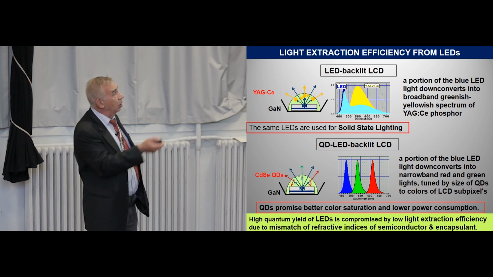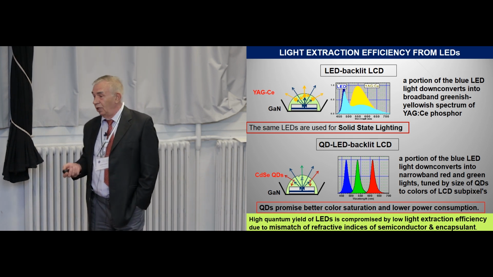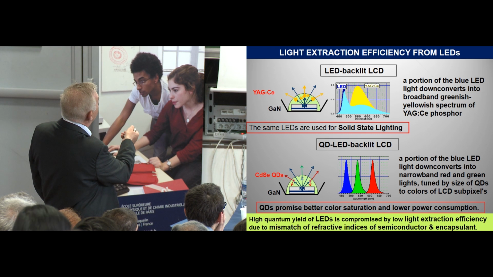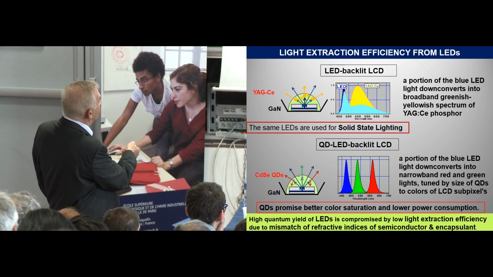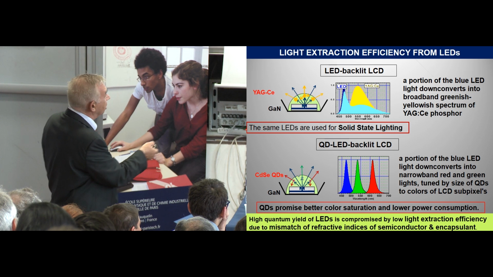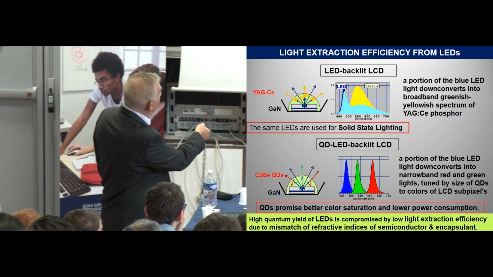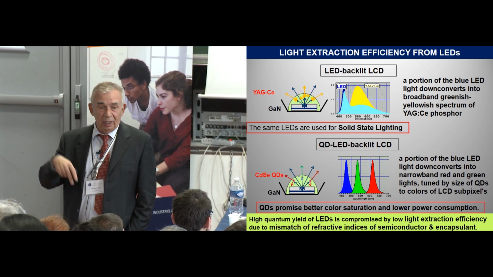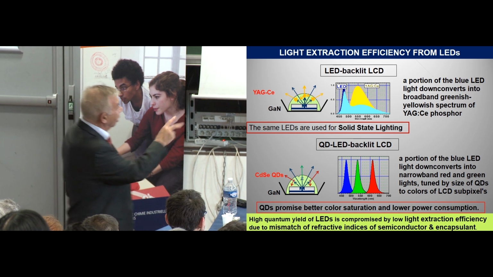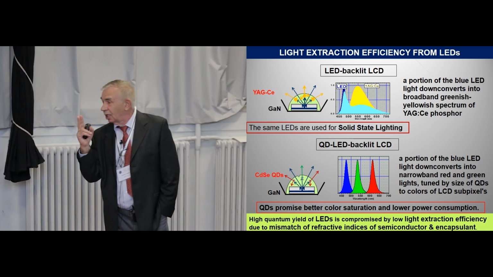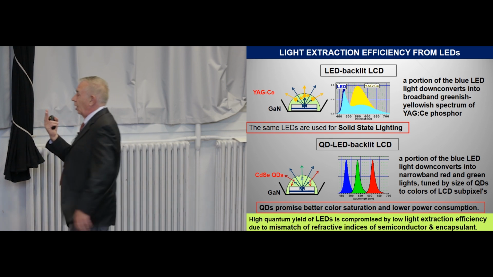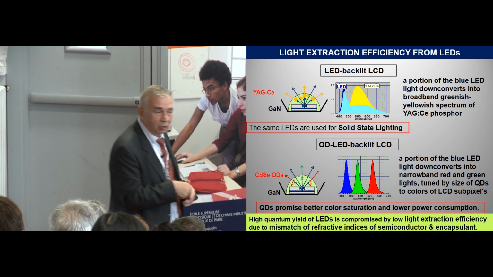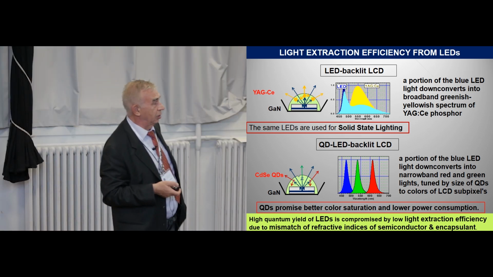And how will quantum dots actually get onto TV? Very simple, just by substituting YAG with cadmium selenide quantum dots. In this case, a portion of the blue LED light is converted into 2 lights, red and green. And by size, the spectral positions of these bands are tuned to the filters of the LCD monitor, which in turn are tuned to human eye sensitivity.